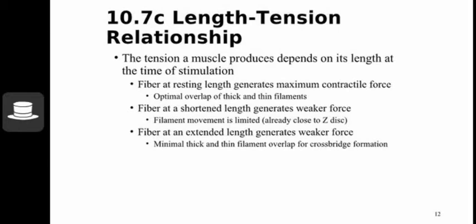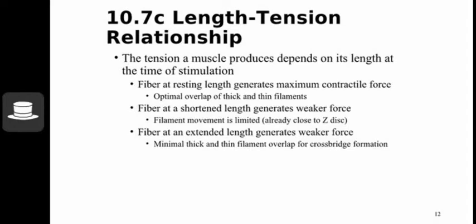I also want to talk about something called the length-tension relationship. Muscles produce different amounts of tension according to how long they are from what we would consider their normal resting length. There's kind of a sweet spot in the middle where the muscle is going to generate the most tension.